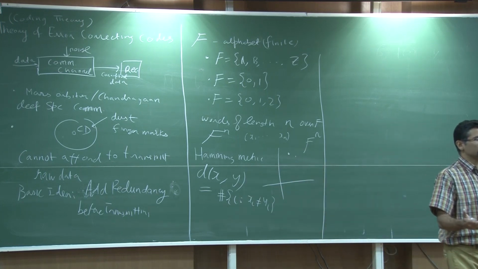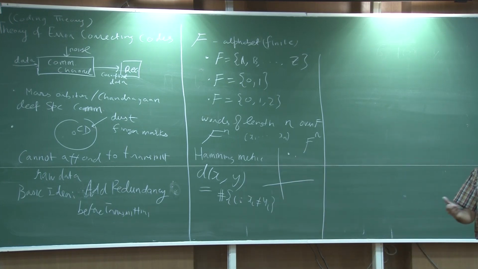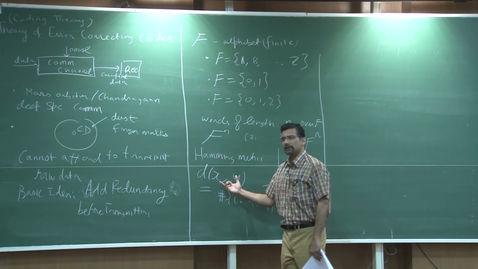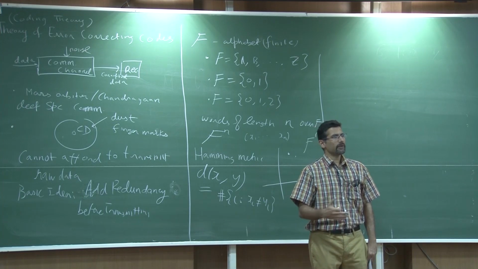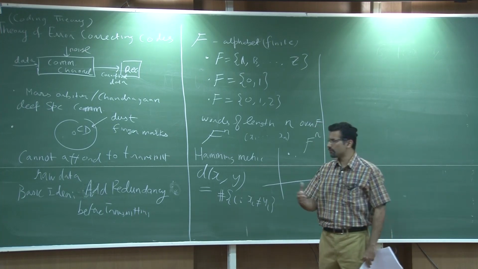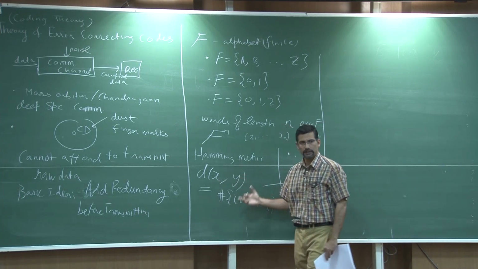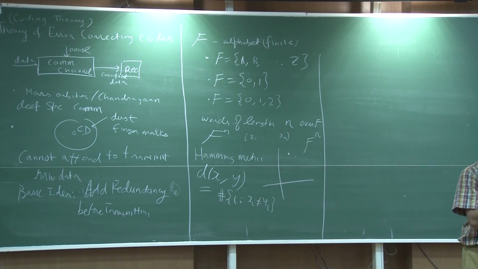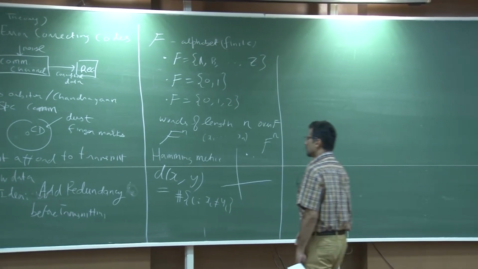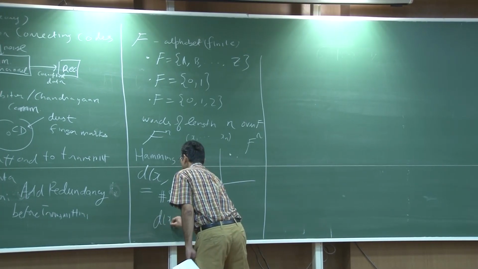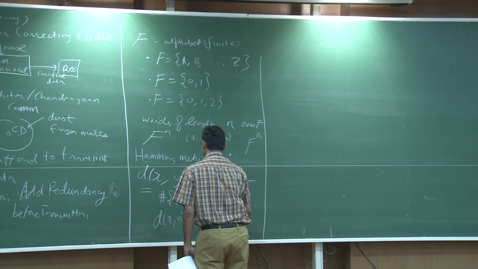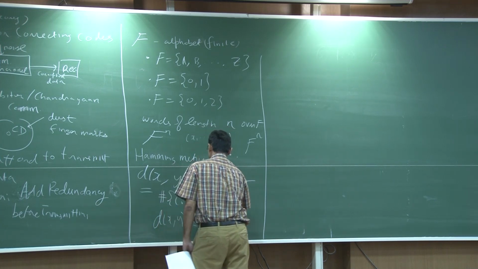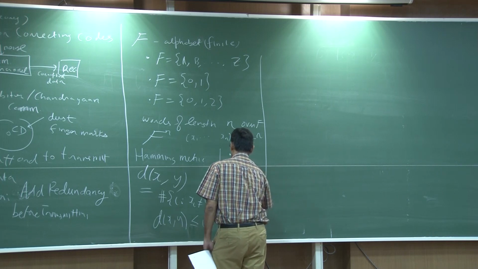Some of you may have seen that a metric needs to satisfy some properties. It should be greater than or equal to 0, and in fact it should be equal to 0 only if x is equal to y. That is the case here. But the most important property which makes a metric useful is the so-called triangle inequality. d(x,y) is less than or equal to d(x,z) plus d(z,y).